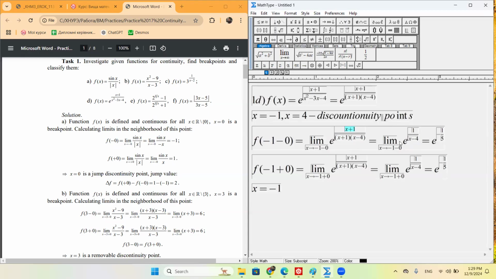Okay, understood. So what about the breakpoint classification? First order. Yes, and is it removable or jump? Removable. Yes, it's removable.